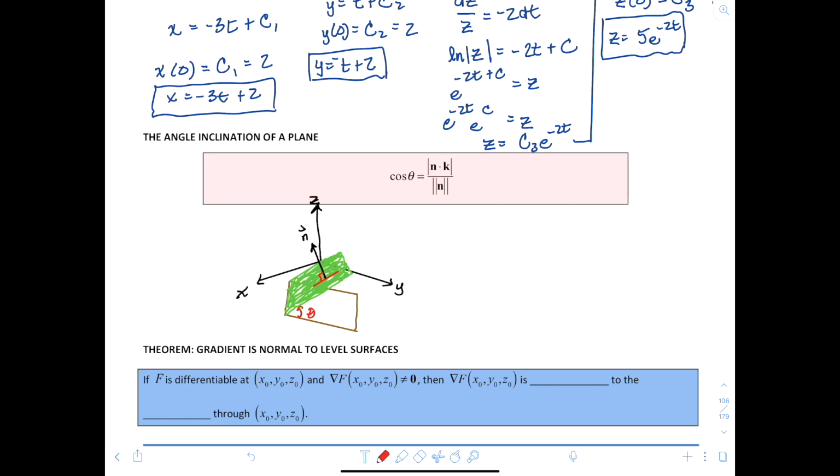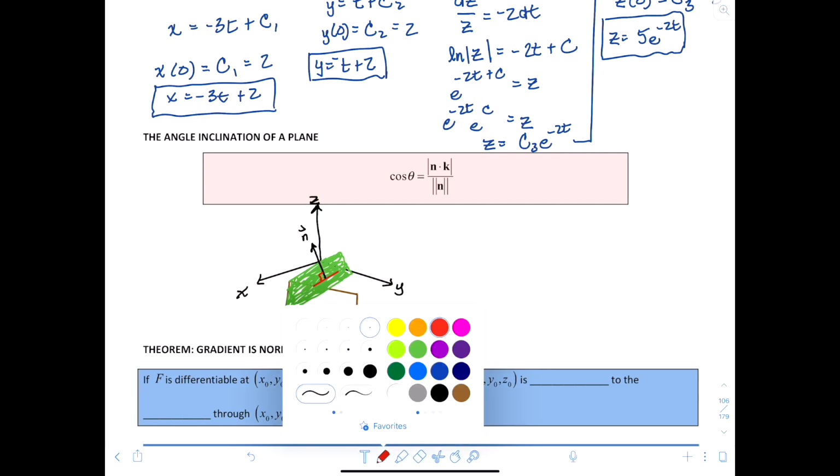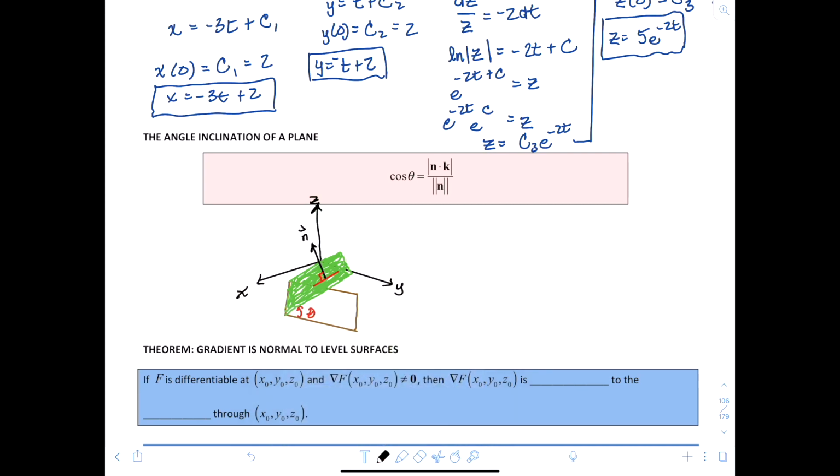And then you've got this K, and K is the unit vector that's normal to the XY plane.